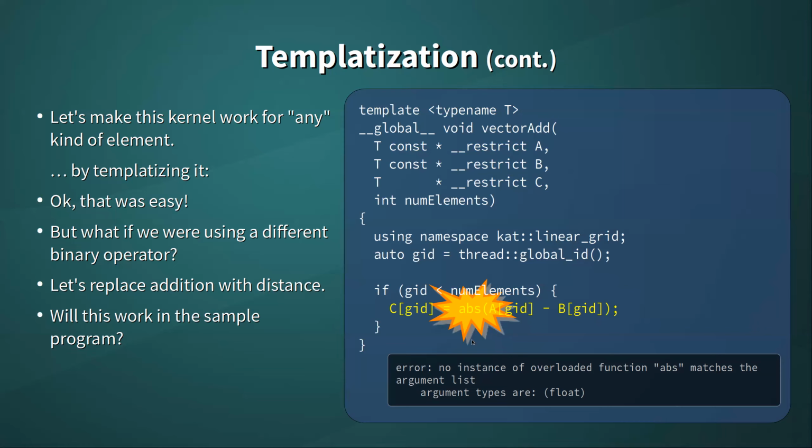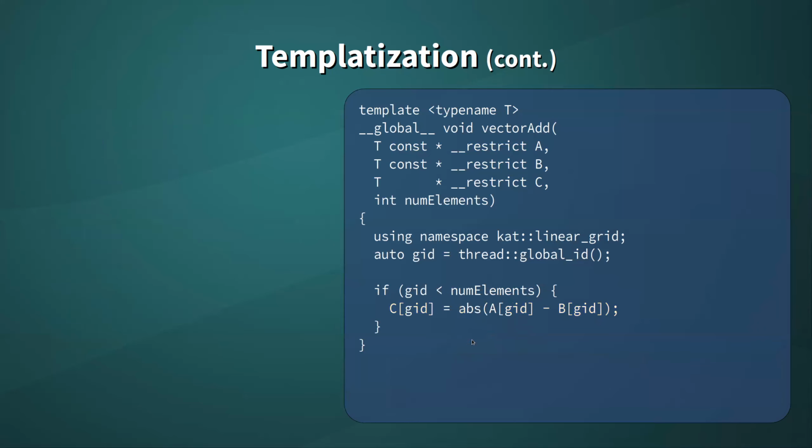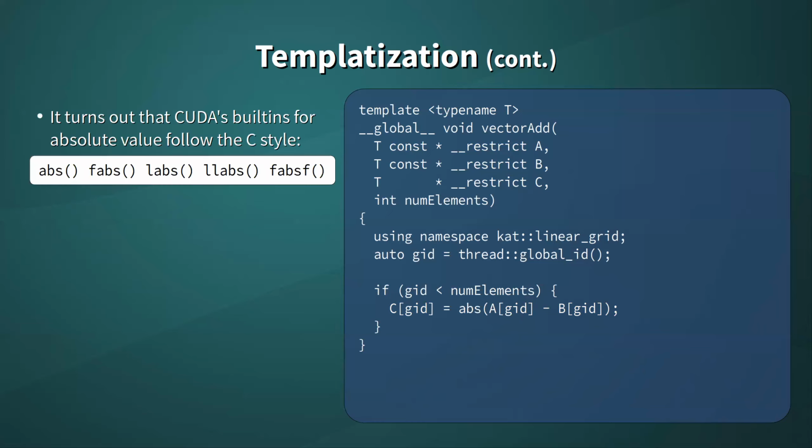But why isn't there an abs of float? That doesn't really make sense. Float is a pretty basic type, and it said that the abs function is overloaded, so there are some. It's not like CUDA doesn't have it. When we actually go and look, we see that CUDA follows the style of C. In C, you don't have function overloads, and that means that for essentially the same function but for different types, you need to use different names.